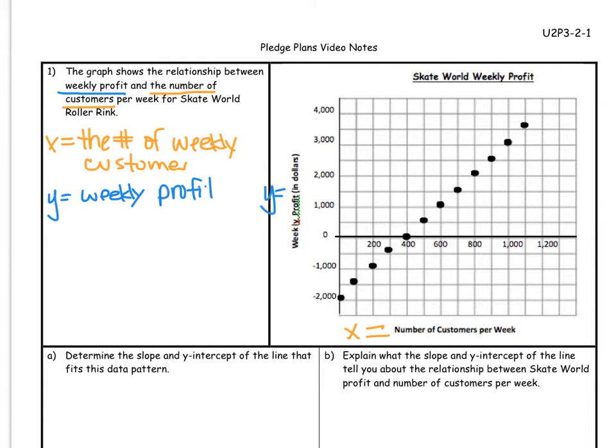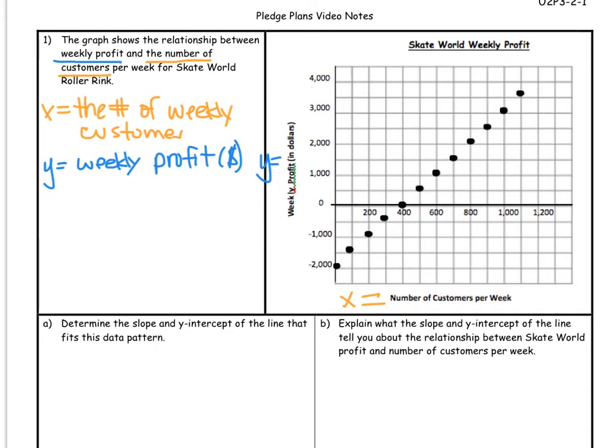And that profit is being measured in dollars. So number of customers is our x-axis, weekly profit is our y-axis. And if we look at all these points on this graph, we do have a linear equation. So if it's a linear graph or function, we can write an equation for it. So part A, determine the slope and the y-intercept of the line that fits this data pattern.